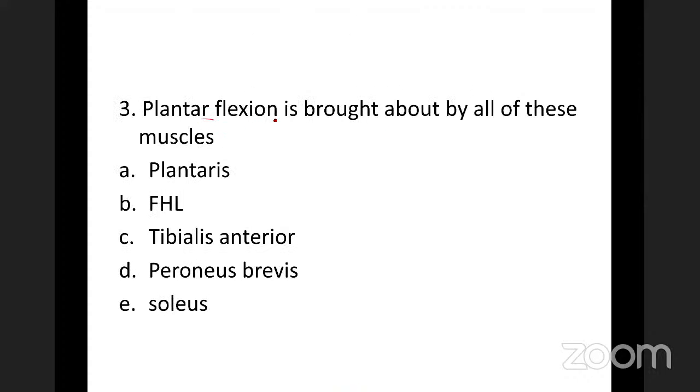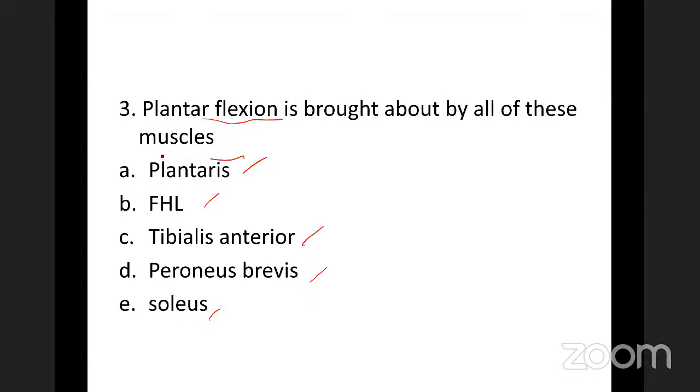Plantar flexion is brought about by which of these muscles? Plantaris, flexor hallucis longus, tibialis anterior, peroneus brevis and soleus. What is your answer, students? Yes, I will tell you.